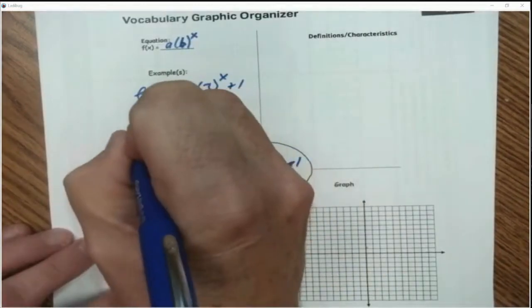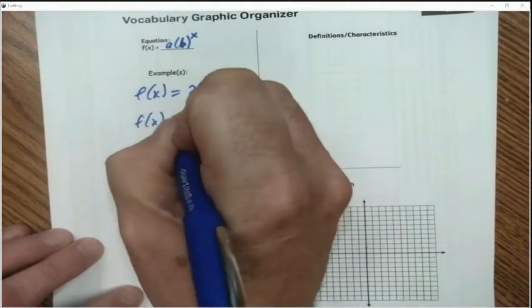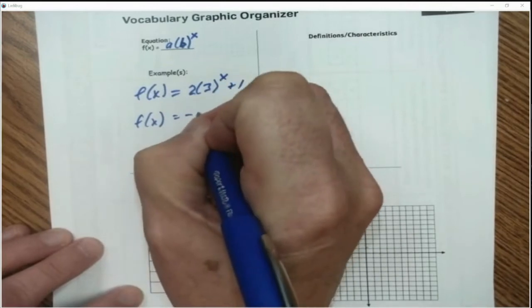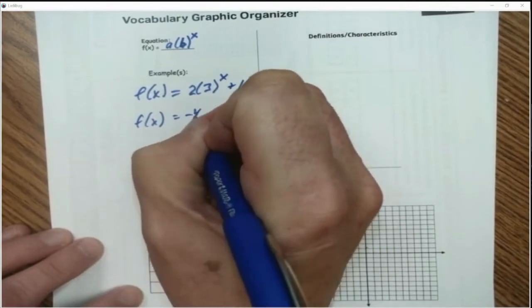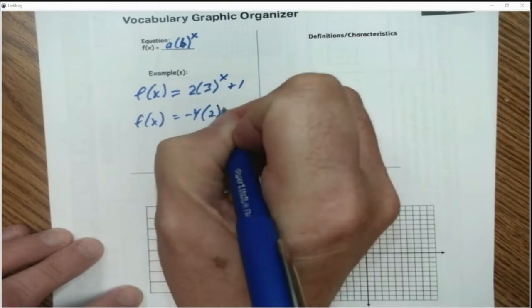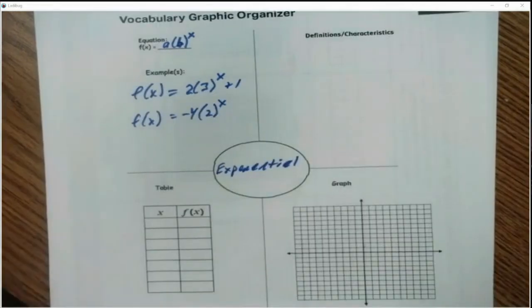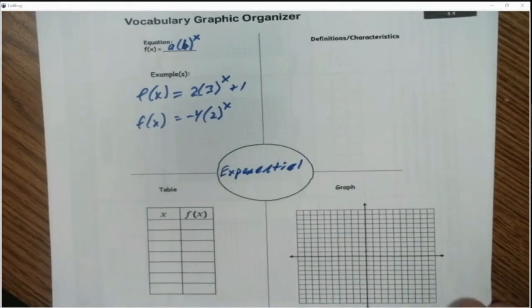You know, f of x equals -4 times 2 to the x. Those are all examples of exponentials. What are the characteristics? What are we looking for in characteristics? How does this compare to the other two that we've already looked at?